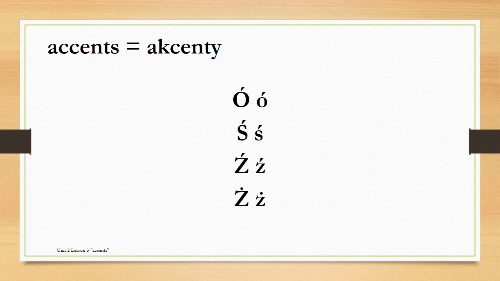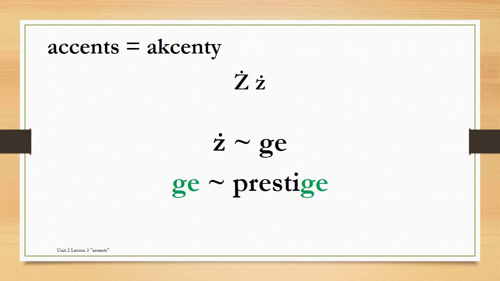Alright, the last accent is z with a dot, which you pronounce as ż. In spelling, this would be żet z kropką. So żet with a dot, and ż might be pronounced very similar to the two letters ge in the word prestige.